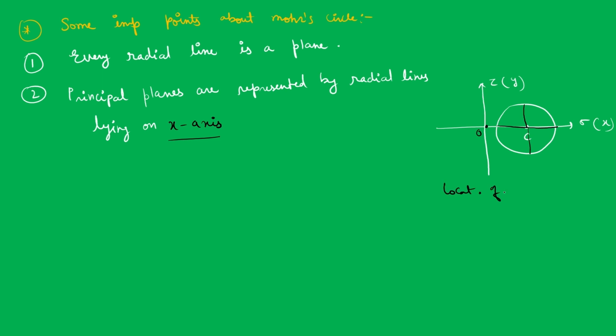How do we find the location of the principal plane? You set tau theta equal to 0. So you make the shear stress 0, and where will the shear stress be 0 in this particular graph? That is on the x-axis only, right? Here shear stress is 0, but we have some value for the normal stress. So that is why principal planes are represented by radial lines lying on the x-axis.